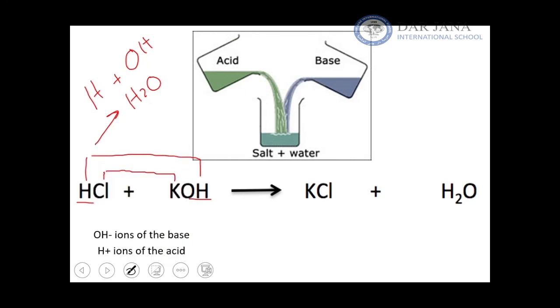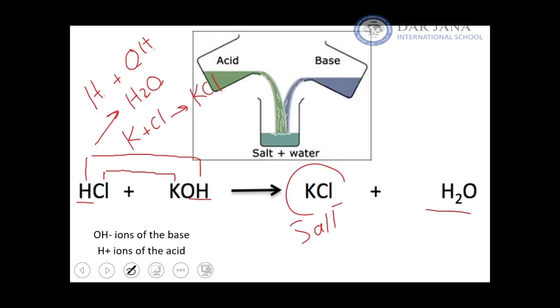So we have 2 hydrogen atoms, 1 oxygen atom, and 1 oxygen atom on the other side, and chlorine will combine with potassium, so K plus Cl will lead to KCl, potassium chloride. So in this case, potassium chloride is the salt and the water is the other product.